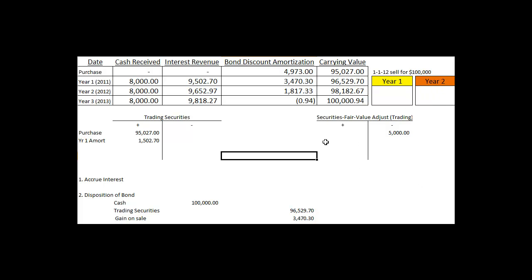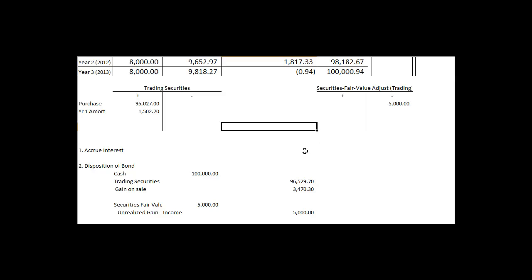Then at the end of the year, same as we had with the available for sale security, we've got this fair value adjustment account, but this is for trading securities. If we've sold this portfolio, and this is the only item in the portfolio, this amount logically has to be reduced or gotten rid of.